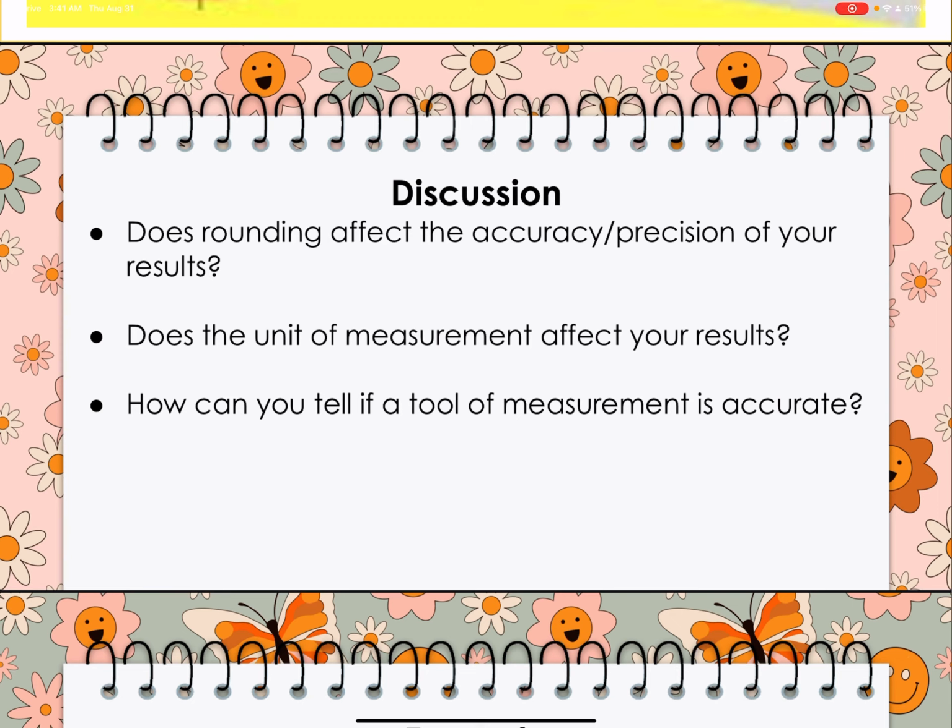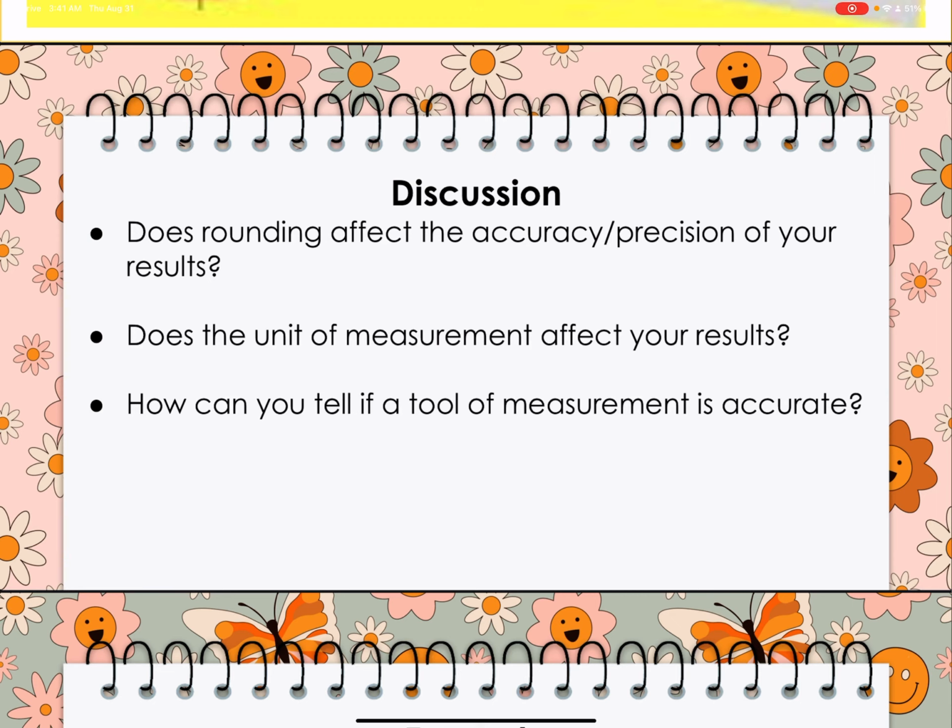So, discussion. Does rounding affect the accuracy or precision of your results? Do you think rounding affects your accuracy, if you round within the problem or if you round your answer? Giving you some time to think about it.